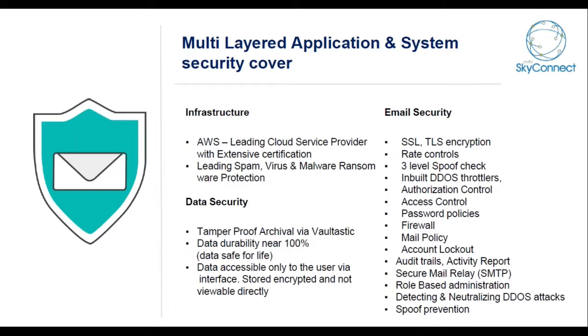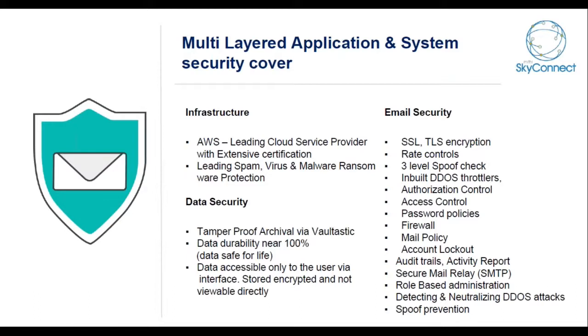Then we have a data security level, which is where Vaultastic comes into play. Once your data is in, it becomes immutable, that is, it cannot be deleted, and it is kept there in a tamper-proof format. And then there is a security which is inbuilt into the email architecture itself.